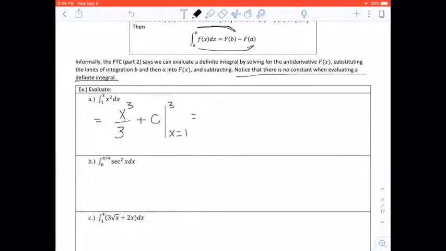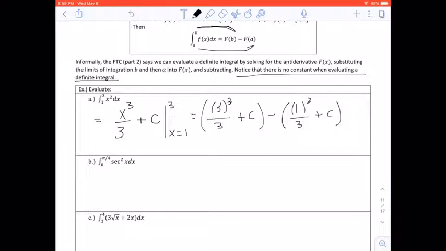So you always substitute in, from the fundamental theorem of calculus part 2, the upper limit of integration first. So we have 3 cubed over 3 plus c, minus, and be careful with parentheses, the negative is very important in there and needs to be distributed to terms. Substituting in 1, we have 1 cubed over 3 plus c.